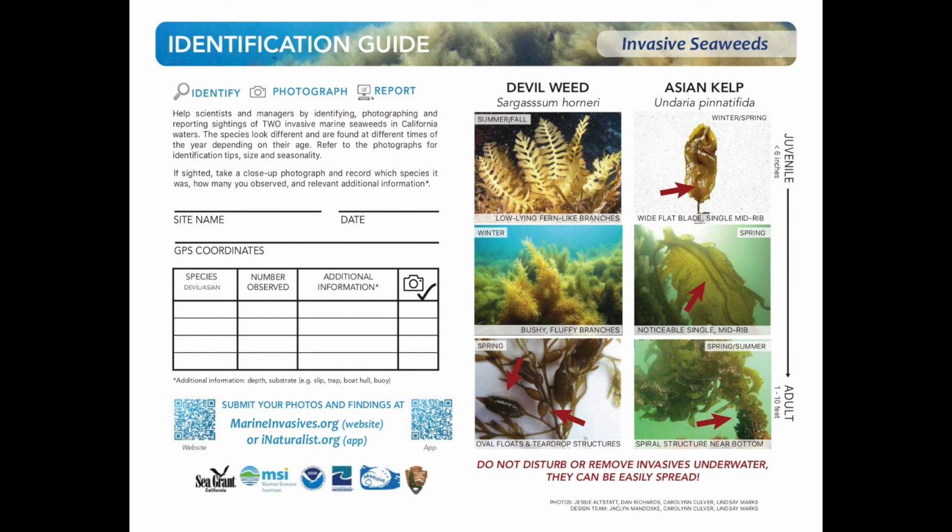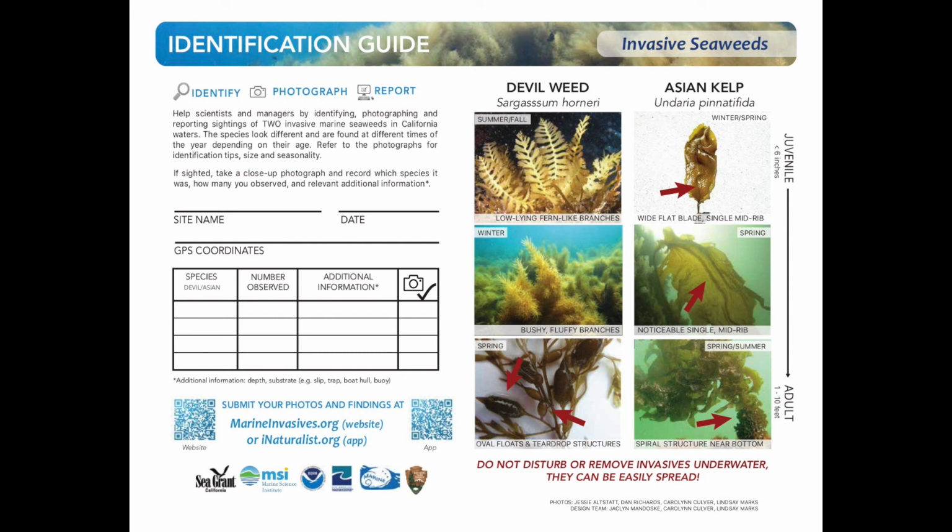And here we're showing you a picture of what Sargassum horneri looks like in this left-hand column. It's a little bit more fluffy, and why it's problematic is that it can crowd out the native species, that giant kelp or Macrocystis, and it doesn't provide quite the nutritional content or the habitat that Macrocystis does.